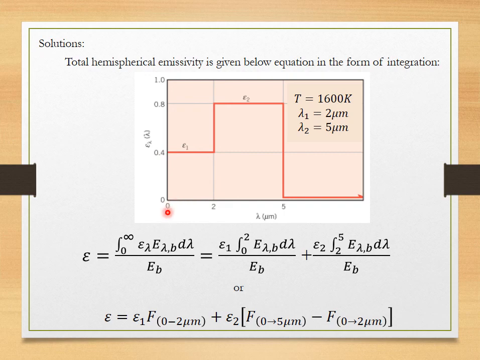Maybe we can have a look at how to calculate the detail for each case. Bear in mind, if you get this figure, it can be replaced into this part, because it has the same value, right? 0 until 2 micrometer, so this one is also 0 until 2 micrometer.